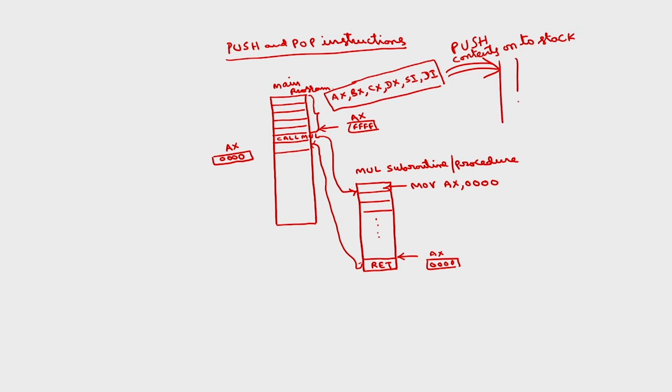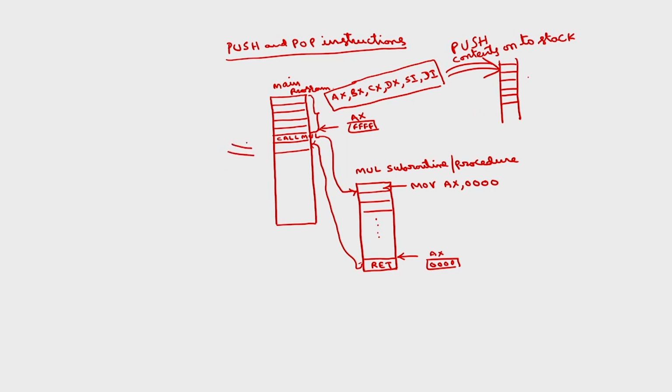Stack is a set of memory locations again. And after this return instruction, while it is coming to the next instruction, here we have to pop these contents. Before returning, you pop these contents into the registers.